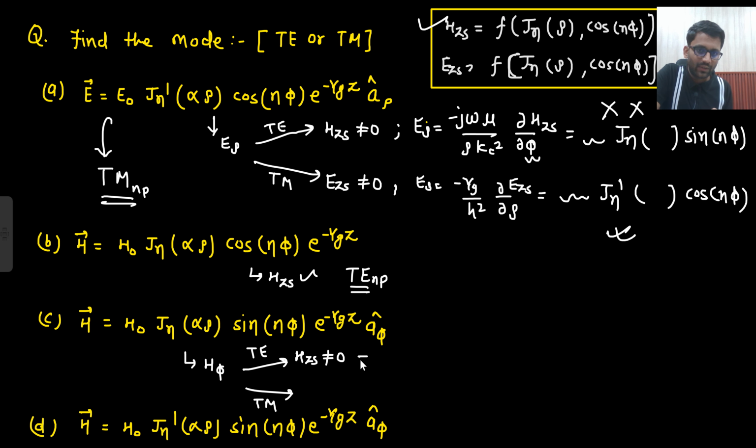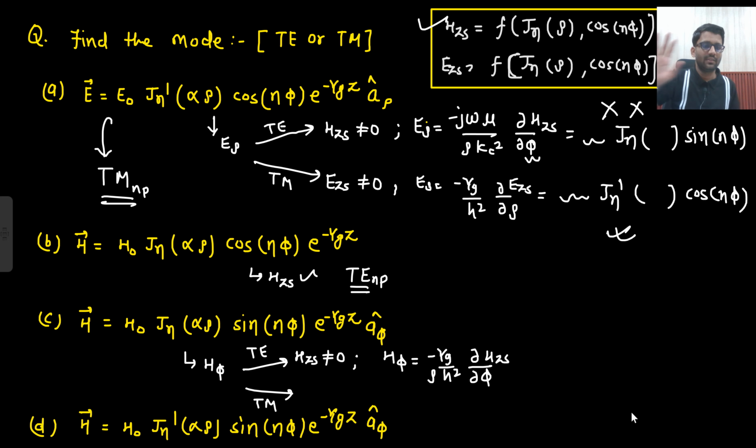That means if I need to write down the expression of H phi, what would that be? Minus gamma upon h square del by del phi. Phi never comes alone, it comes with rho Hz. That's it. If Hz is non-zero, then this is the expression.